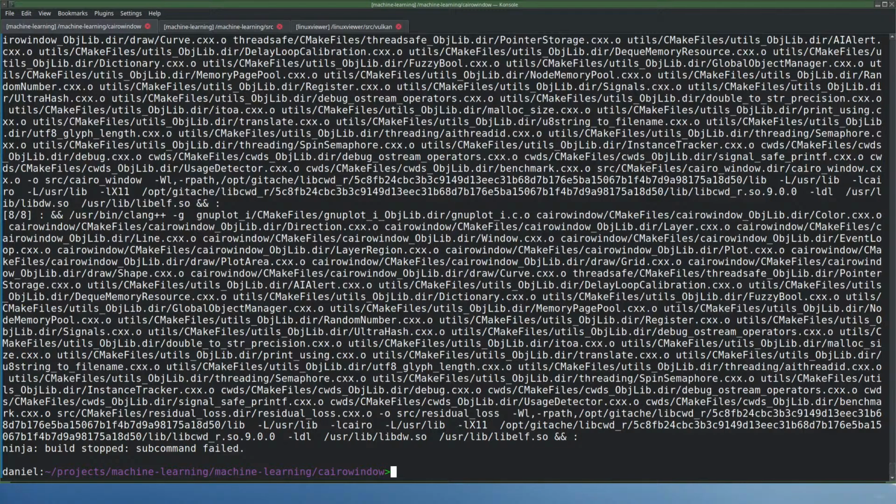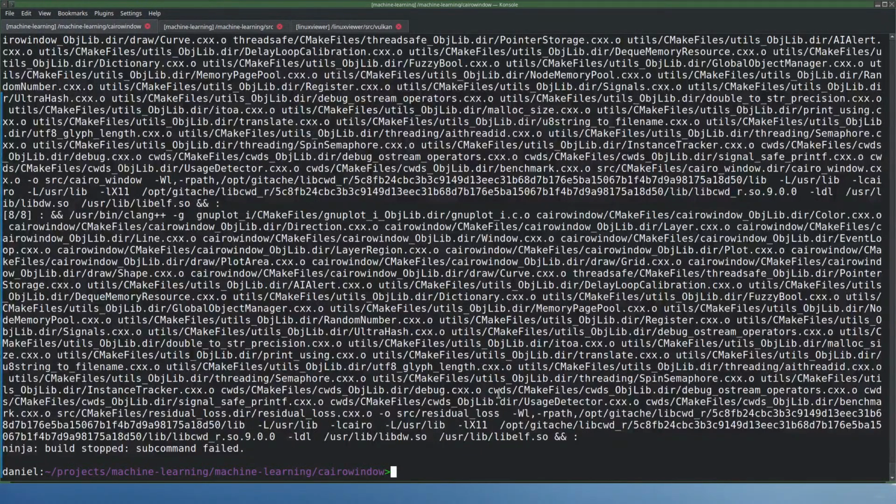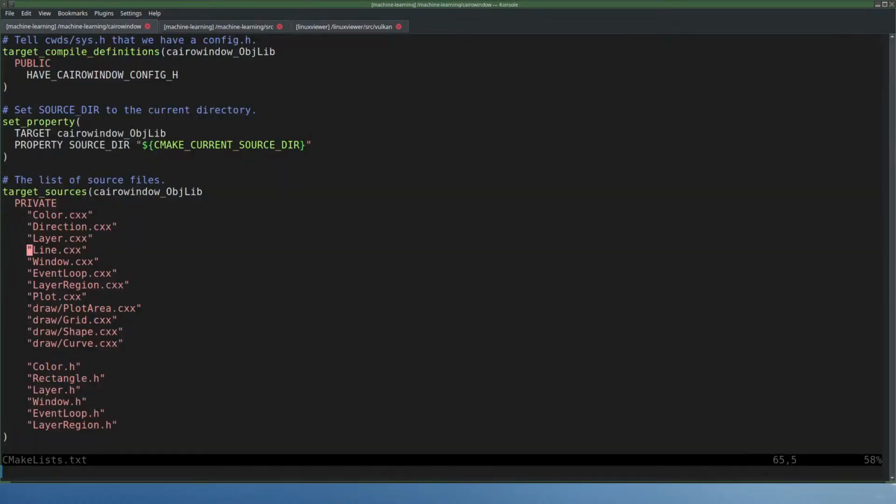Why is this compiling? What? Oh, it isn't. I mean linking. Yeah, because we still have to add that new file to the makefile. Point.cxx.